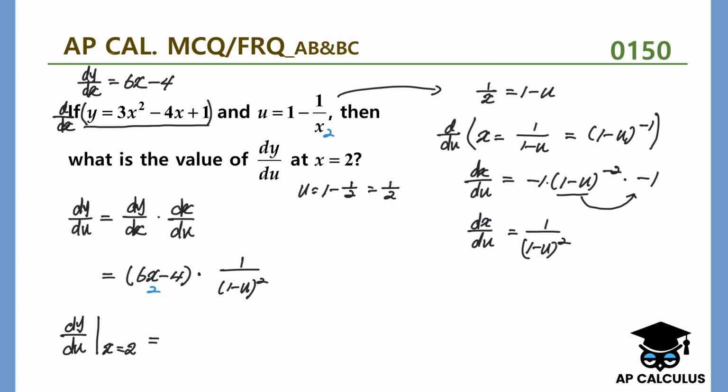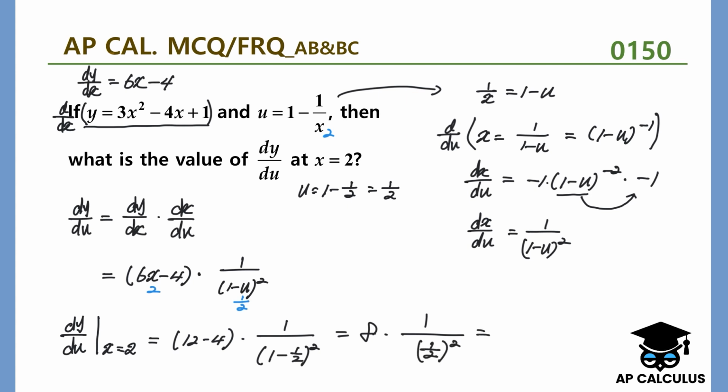So we're going to substitute 1/2 for u, right? So 12 minus 4 times 1 over 1 minus 1 over 2 squared. So that's 8 times 1 over 1 minus 1/2, that's 1/2, so 1/2 squared.